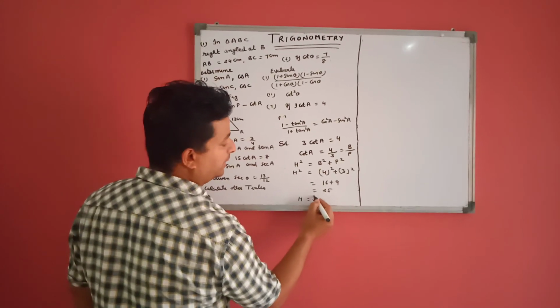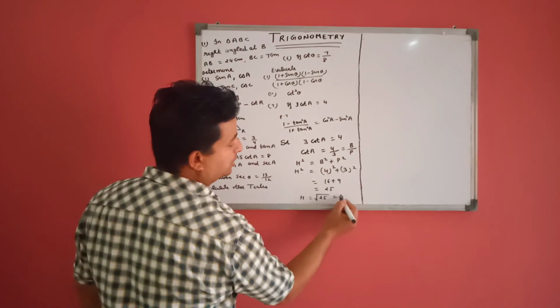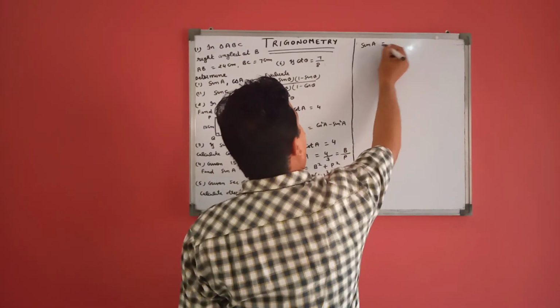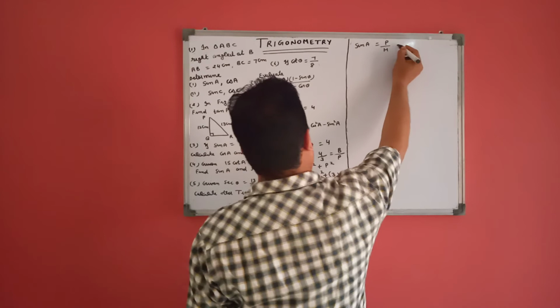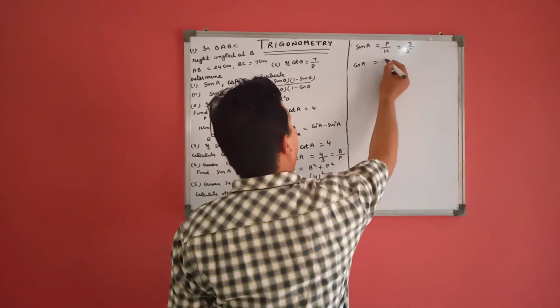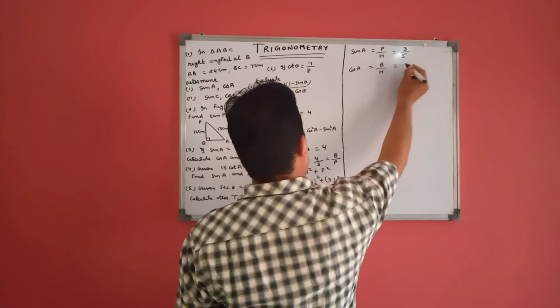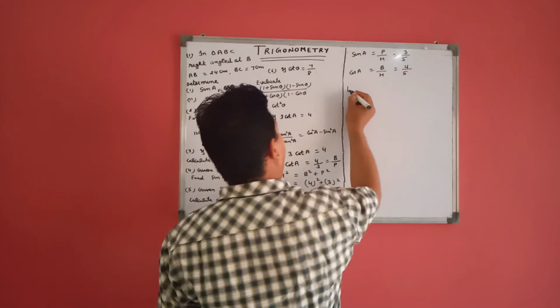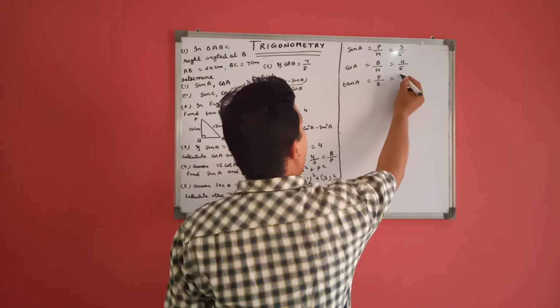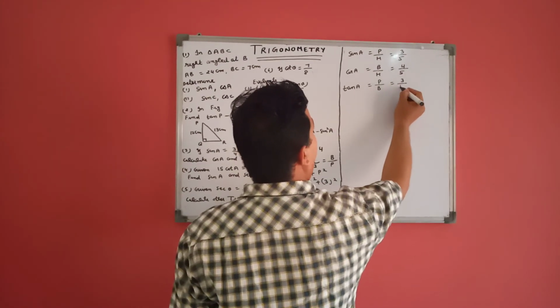H is square root of 25, which is equal to 5. In this, sin A is P by H, which is equal to 3 by 5. Cos A is base over hypotenuse, 4 by 5. And tan A is P upon B, that is 3 upon 4.